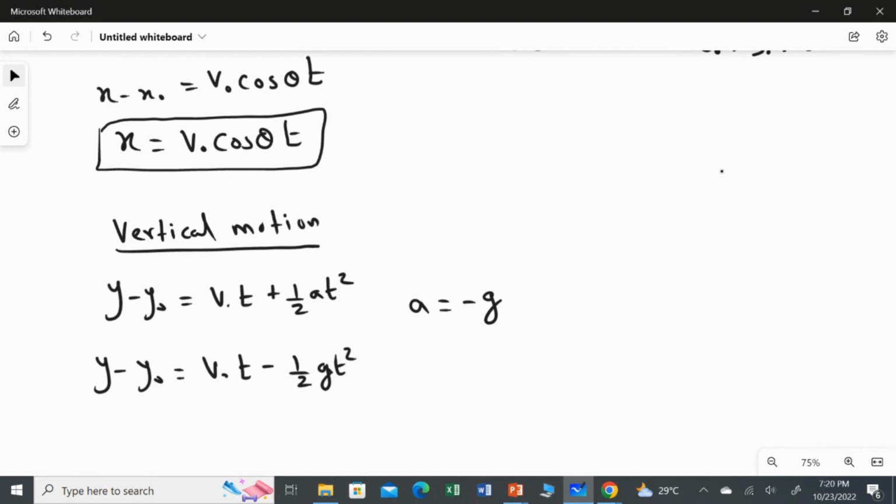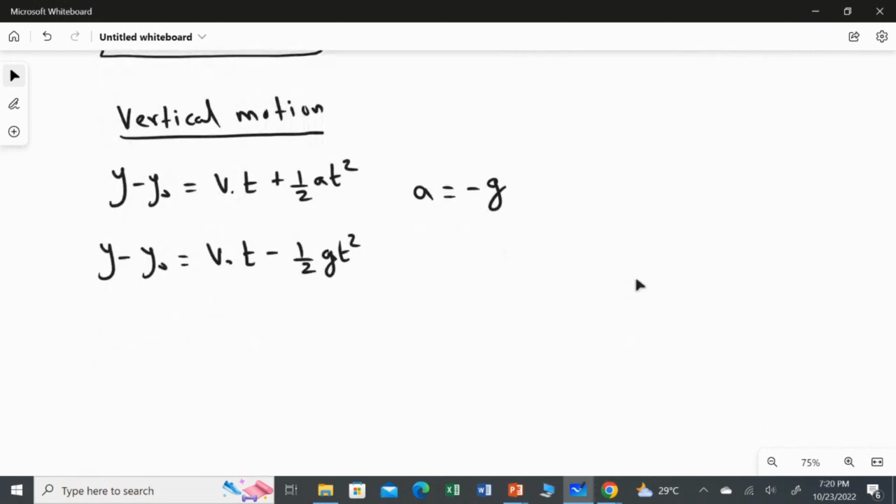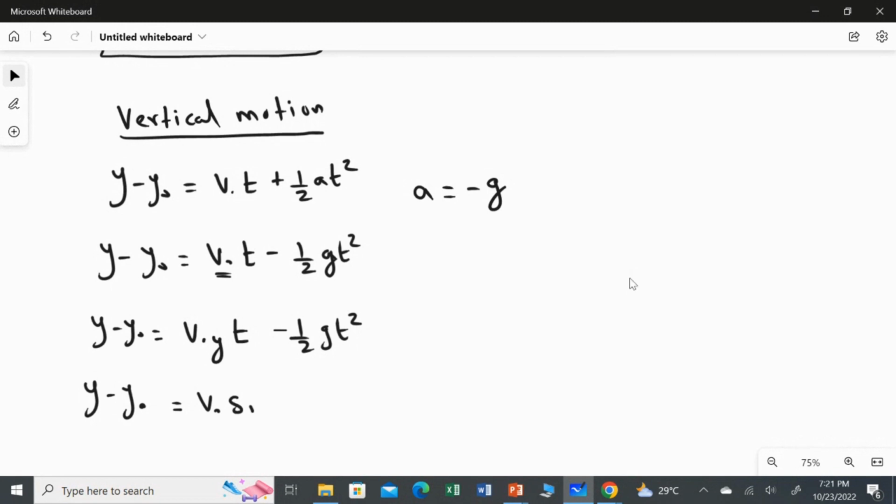Clear? But our y-axis, that means the vertical motion, always deals with the y component. Therefore y minus y0 equals v0y multiplied by t minus half gt square. Why did I write v0y? Because we are dealing with the y component. So how can I write this v0y? I can write it as y minus y0 equals v0 sine theta multiplied by t minus half gt square.